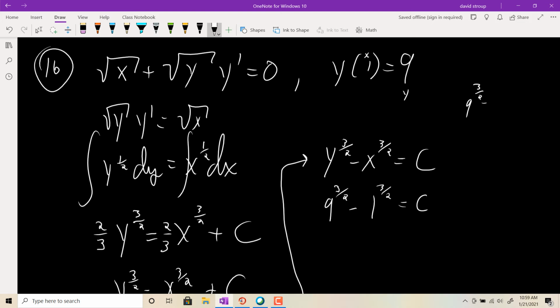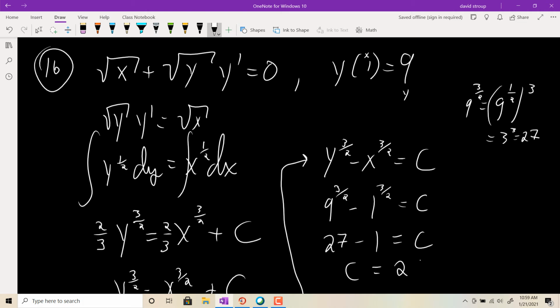So you could rewrite this as 9 to the 1/2 cubed, right? 9 to the 1/2 is 3, and then 3 cubed is 27. So 27. 1 to any power is 1. So my C value is going to be 26.